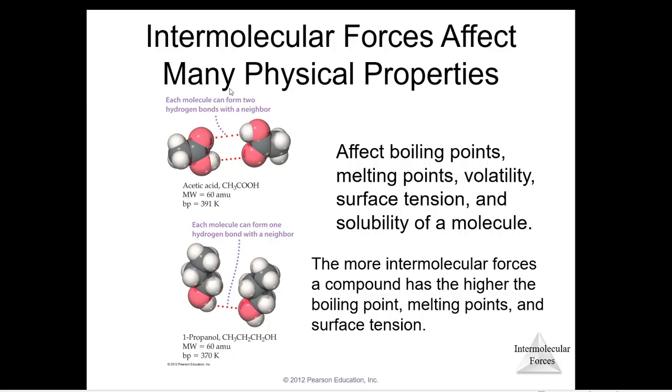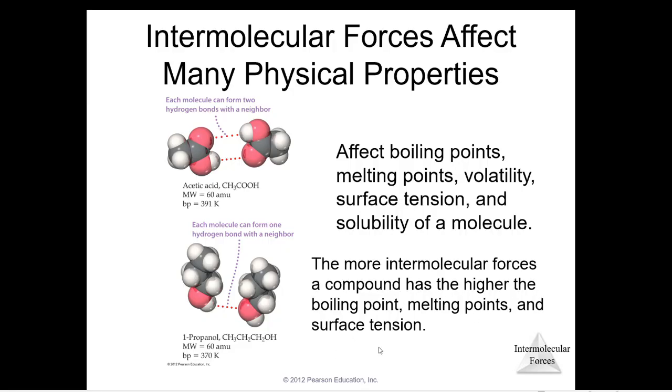Intermolecular forces affect many physical properties. So the first thing is it affects boiling points, and you'll see that in the lab. The melting points, volatility, surface tension, and solubility of a molecule. And in the lab, I will actually show you a volatility one, surface tension, and then I'll also show you attraction with water. The more intermolecular forces a compound has, the higher the boiling point, melting points, and surface tension.